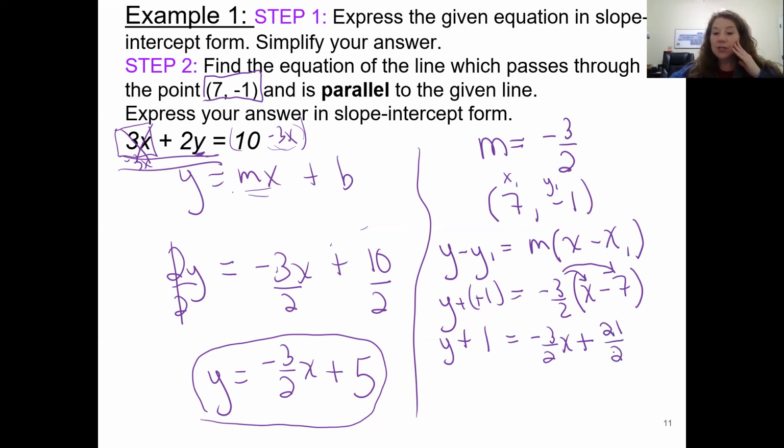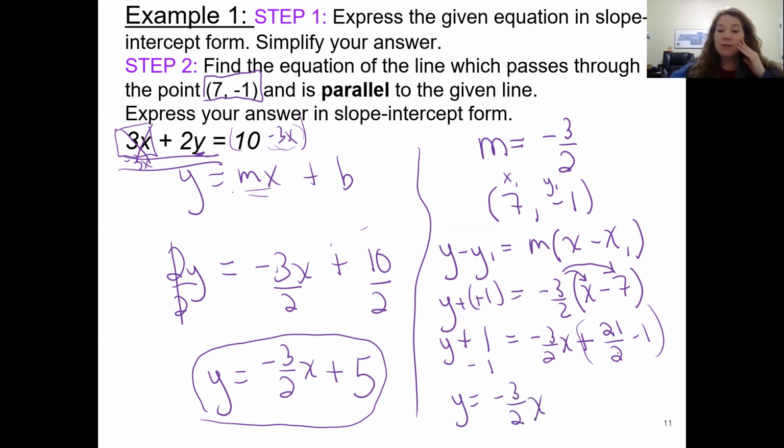And now I want y by itself. So we're going to subtract 1. We can't subtract 1 from the x term because it's connected to an x. So I'm going to subtract 1 from the constant. So y is equal to -3/2 x.